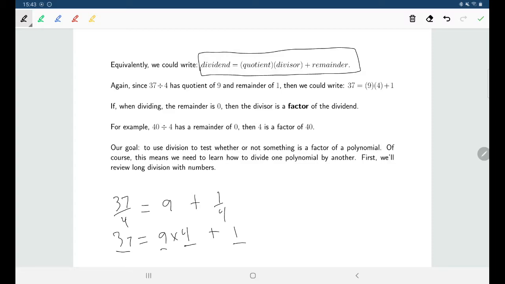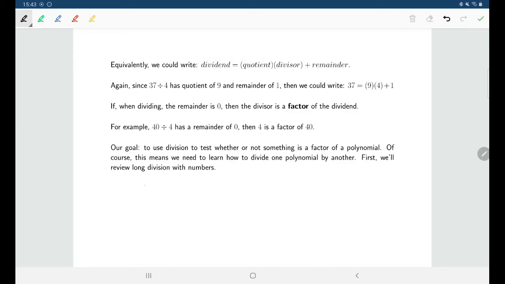Now, the nice thing here, of course, is that if your remainder is 0, then that means that whatever you were dividing by must be a factor. So, for example, we know that 36 divided by 4 goes in 9 times with a remainder of 0. So in other words, 4 is a factor of 36. That's just what a factor is, something that goes in evenly with no remainder.